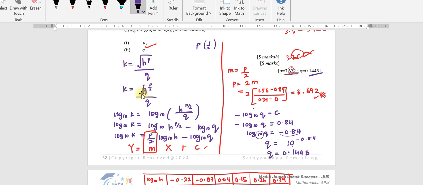It was this equation. Then I changed the power p and the square root, making it p over 2. Then I add log, using the properties of log, and I get this. This one I did with another class.